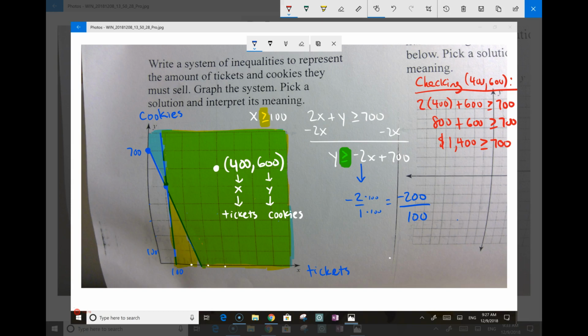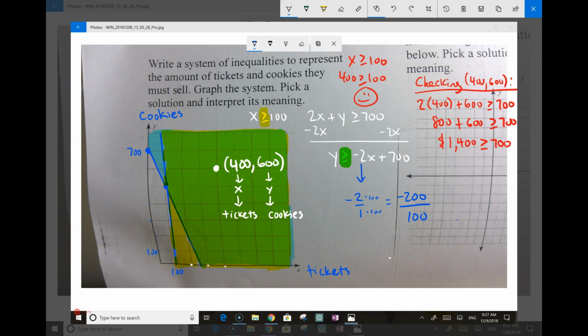Also, if I simply take the 400, which is the value of the tickets, and I replace it into the other inequality, what I get is 400 is greater or equal to 100. And that is also a true statement. Because it's true, this single white point represents all the other white points within this area, which would be solutions to both inequalities.